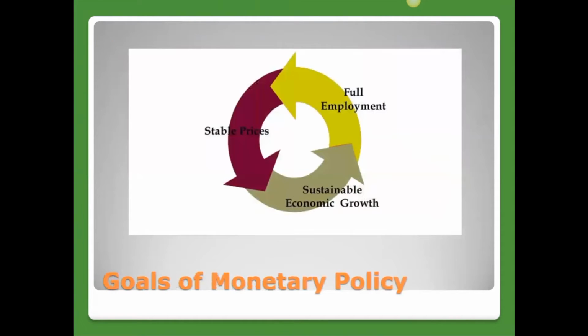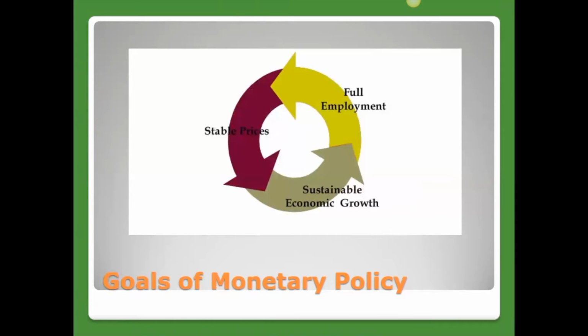The main objectives of central banks are that they want the economy to be stable, they want full employment, they want stable prices, and they want the currency to be strong. And the big thing both the government and the Fed want is that the economy is growing, things are stable, prices are not out of control.